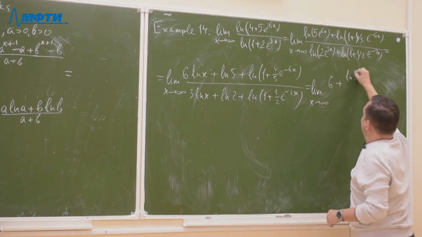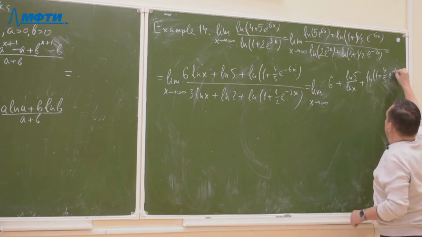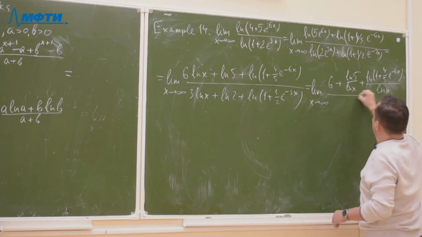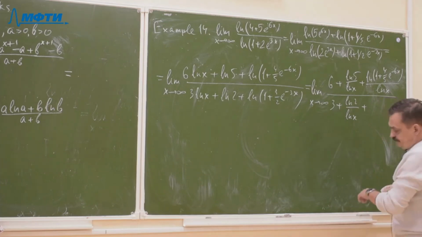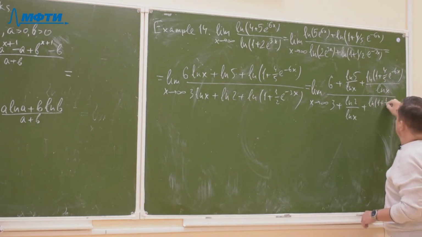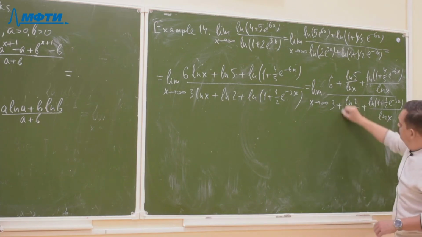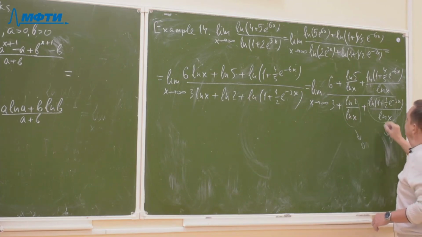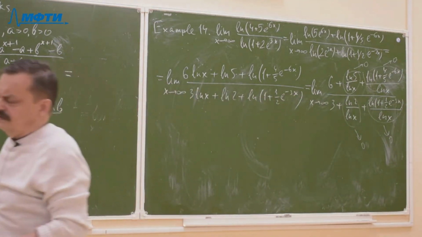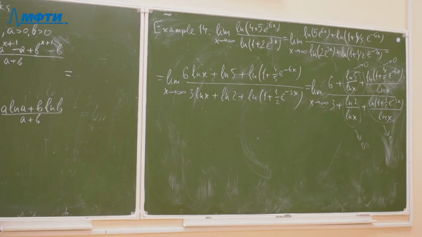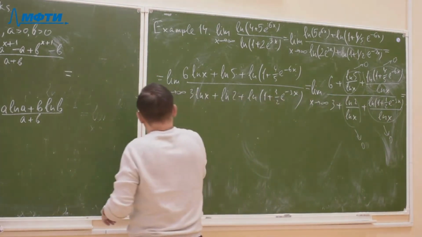So we have logarithm 5 over x, logarithm (1 plus 4 over 5 e to the power minus 6x) over x, over 3 plus logarithm 2 over x plus logarithm (1 plus 1/2 e to the power minus 3x) over x, and now these tend to 0, tend to 0, tend to 0, and we use limits of the sum and of the ratio to deduce that the limit equals 6 over 3, and that is 2.